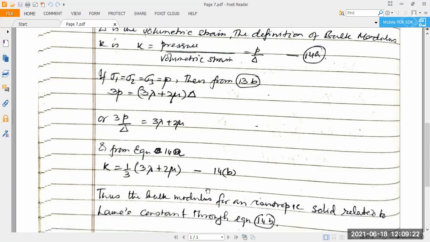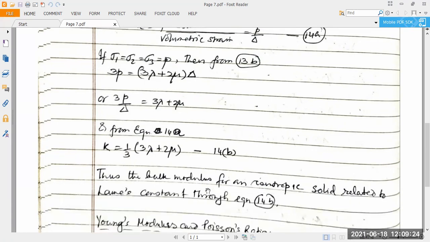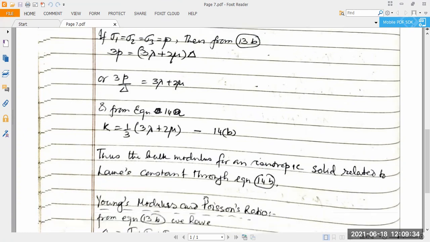So that's the bulk modulus of elastic strain for an isotropic solid. This is the Lamé constant, this is the bulk modulus, so they are related by this expression itself.